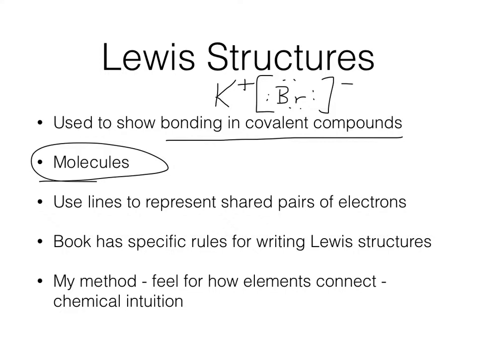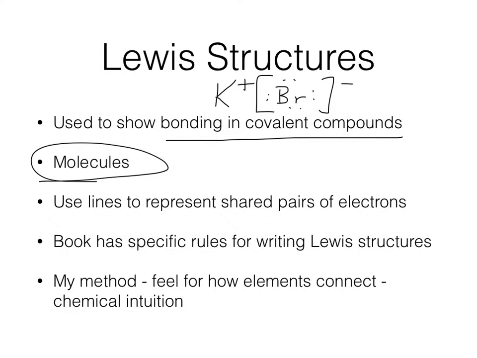Now your book has specific rules about how to write Lewis dot structures, about counting the number of valence electrons, the number of available electrons, the number of needed electrons, and all that stuff. I have a different method, okay? And if you want to use the book method, go for it.